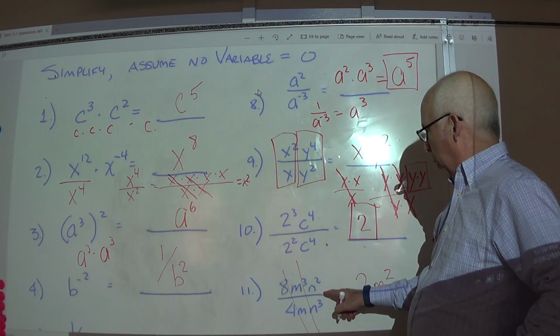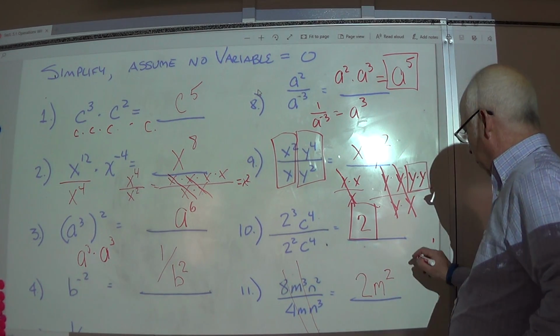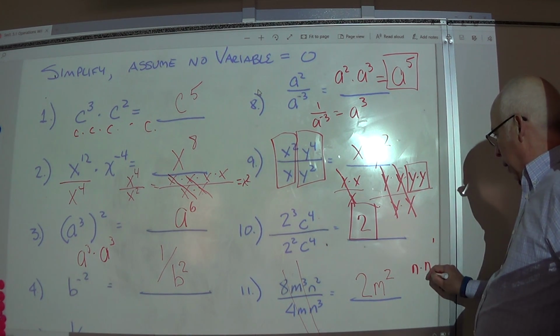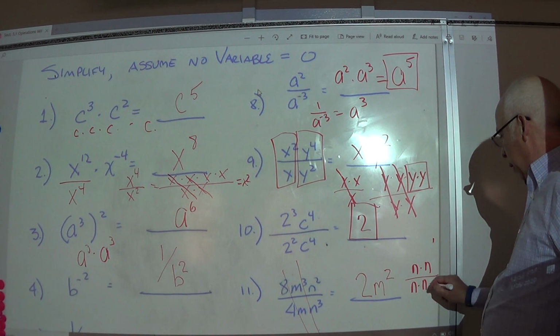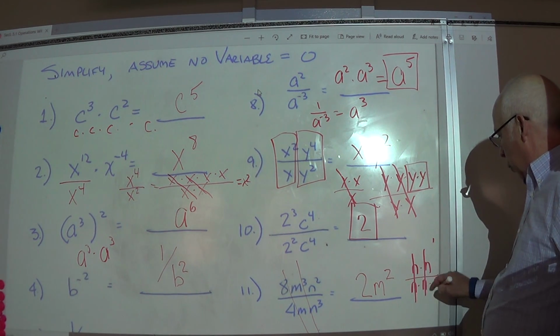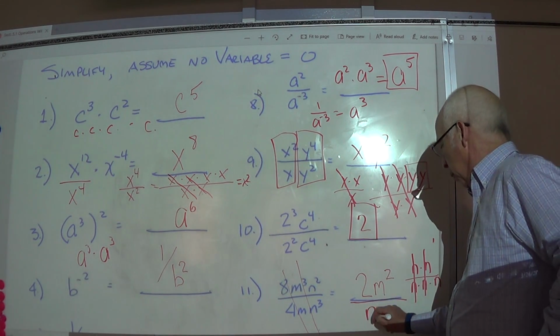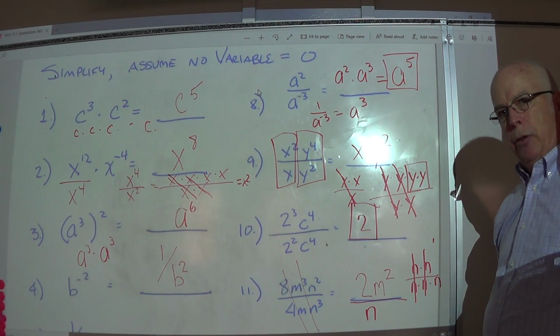And we've got n squared over n to the 3rd. This is the opposite of some of the stuff we did earlier. So we've got n times n over n times n times n. Equals 1, equals 1. I've got 1 n left on the bottom. So my final answer is 2m squared over n. Hope all that makes sense.